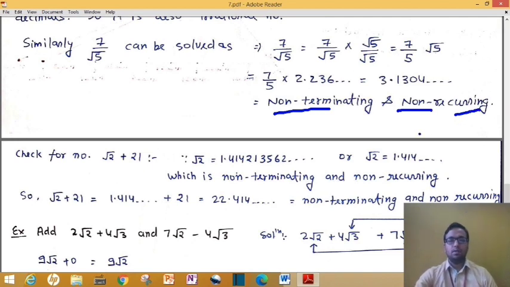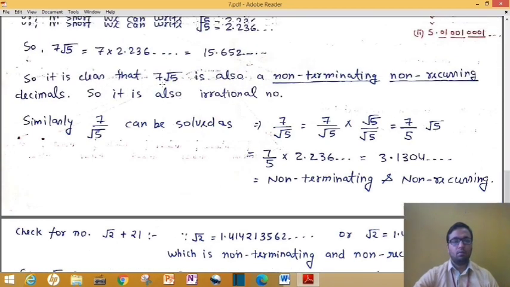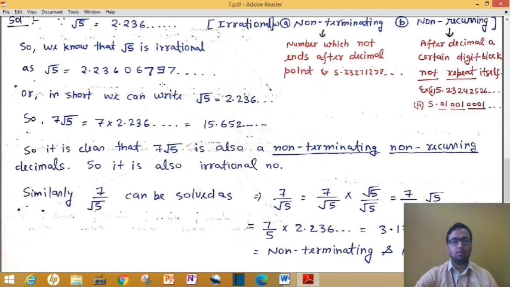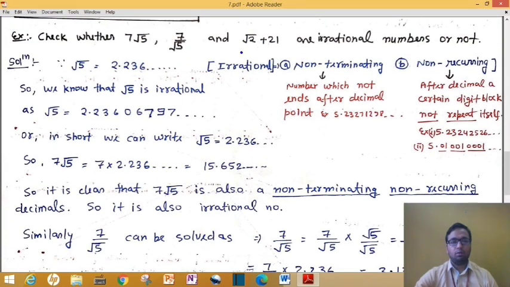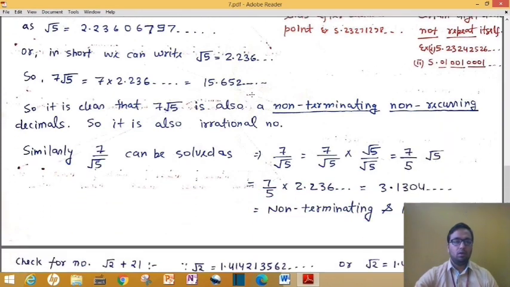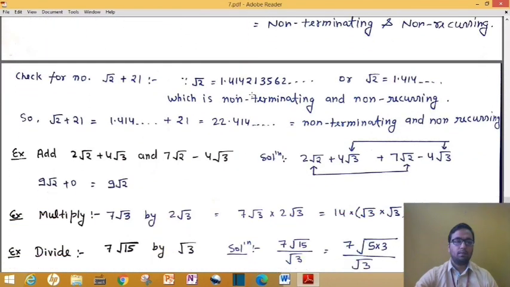Similarly, we have one more question. Here it is asked whether root 2 plus 21 is rational or irrational. So see how we solve this.